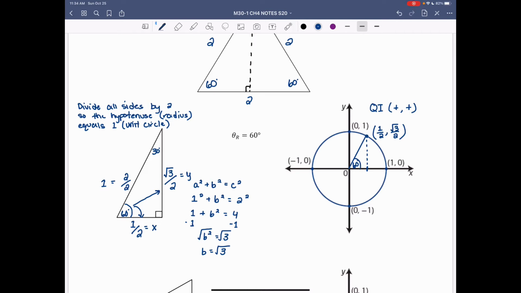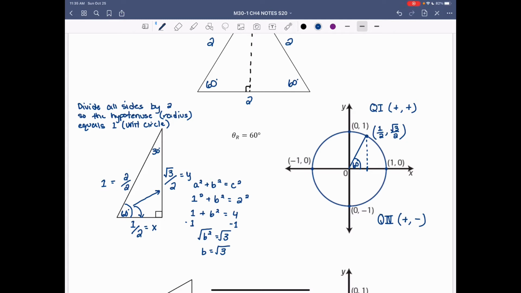We can apply this information into all of the quadrants. Let's go with quadrant 4 next. In quadrant 4, x is a positive value and y is negative because we're below the x-axis. x is still going to be 1/2 and y is still going to be root 3 over 2. It's just going to be negative root 3 over 2.